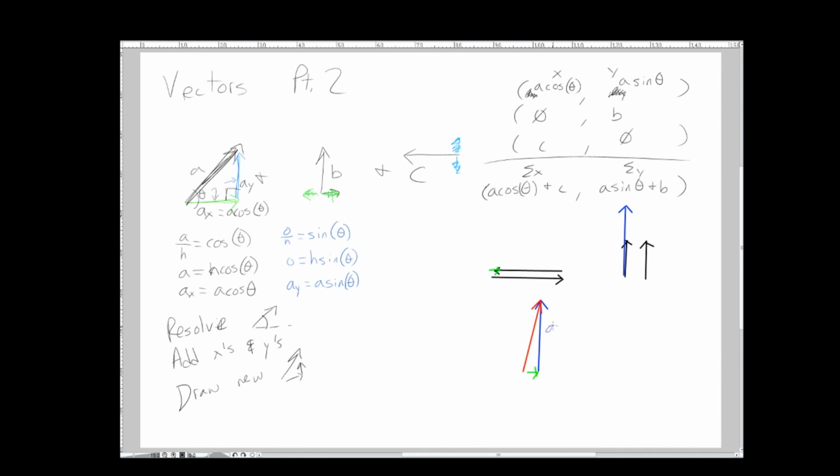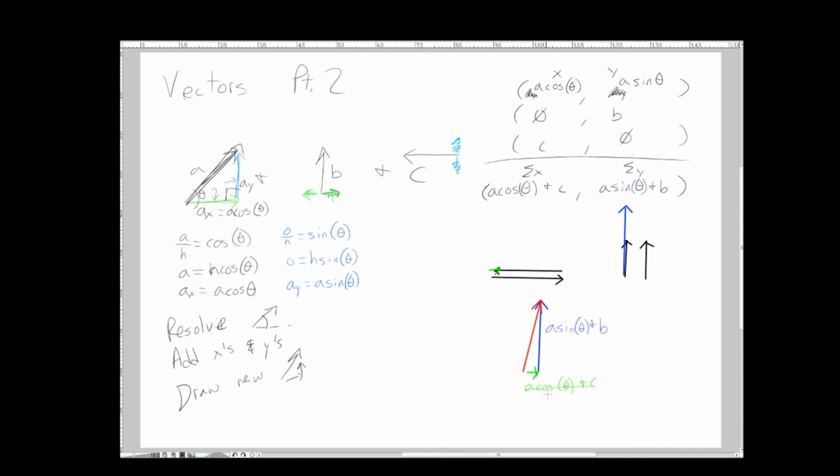Where this is A sine theta plus B. And this is A cosine theta. We could say plus C, but remember it's a negative.